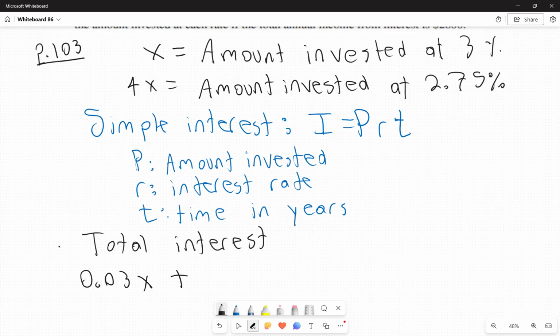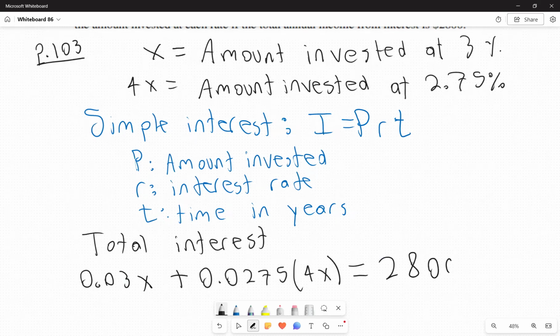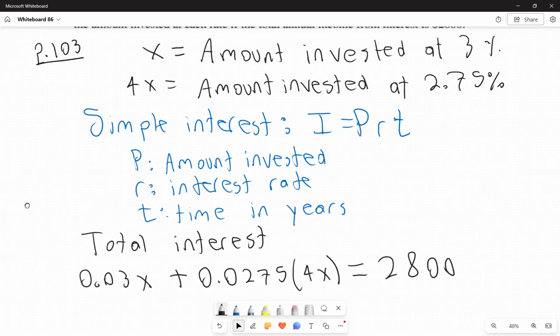That's 1 year, plus 2.75% as a decimal is 0.0275 times 4x. Times 1, I'm not going to write times 1. That's after 1 year. And the total interest was 2,800. And we are going to solve for x.